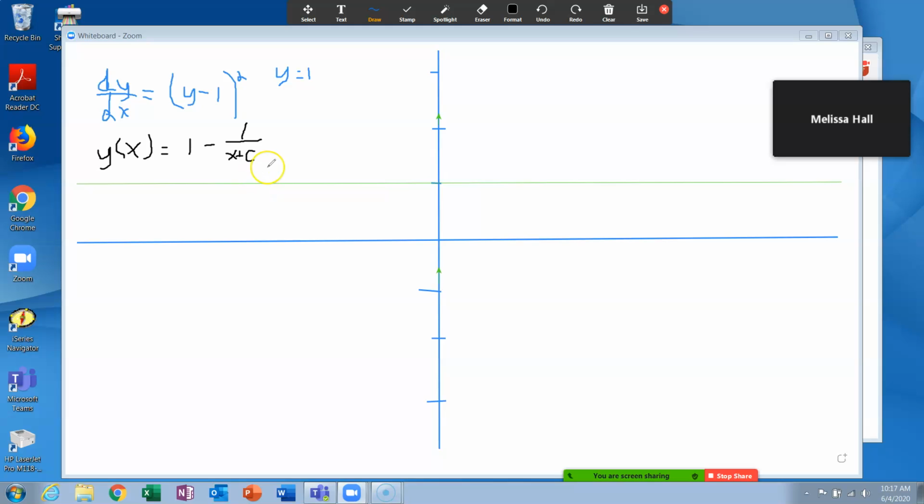So this C is not your critical value. Don't get those confused. Sorry about that. That is a one-parameter family of solutions for this differential equation.